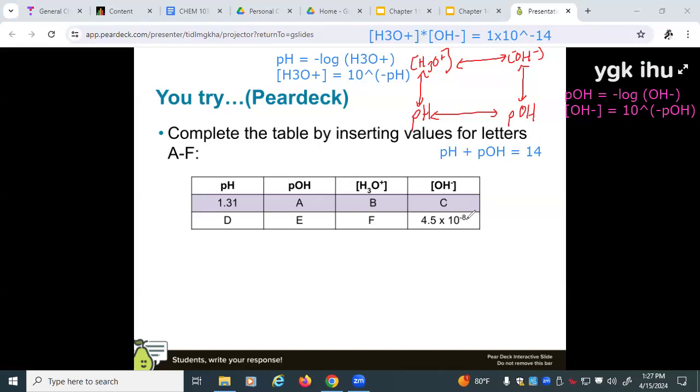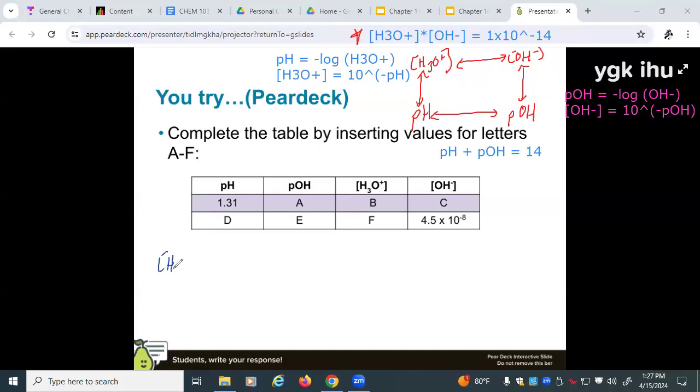One way we can go is I could use this top equation to turn the hydroxide into hydronium, so solve letter F, by doing that calculation that we did a number of times last week.